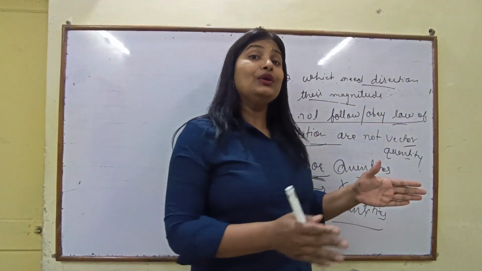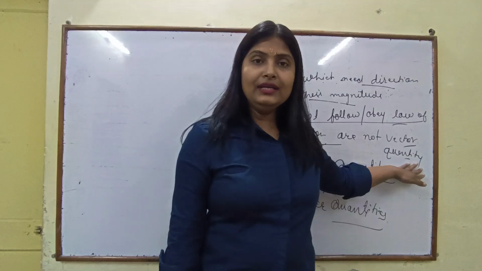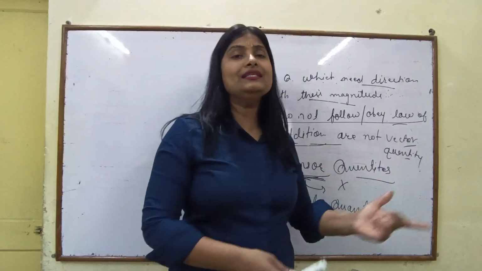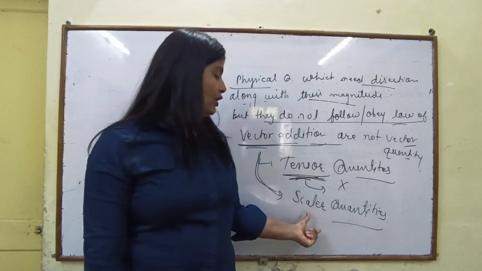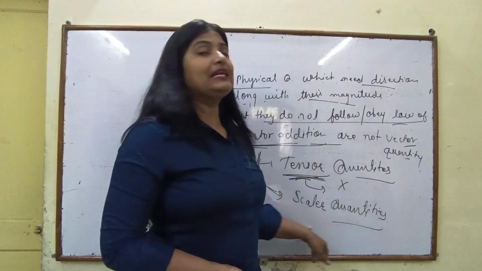So they are not vector quantities, they are tensor quantities, but tensor quantities are not in our syllabus. That's why these all are known as scalar quantities. We define them as scalar quantities.